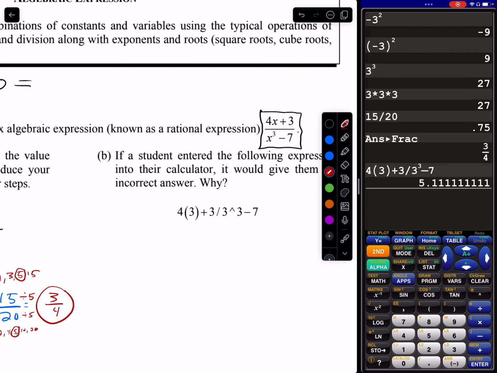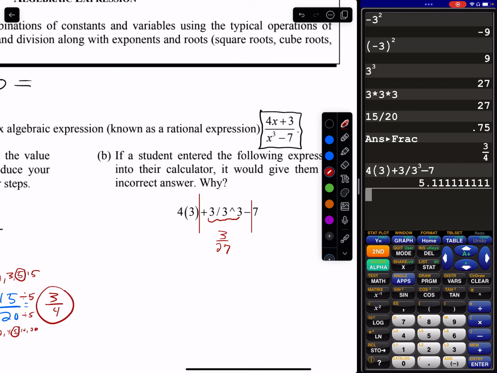What your calculator is going to do is just deal with this and keep this completely separate. So what it's going to do first is do 3 to the third power, and then this is going to turn into 3 over 27, which is not what we want.